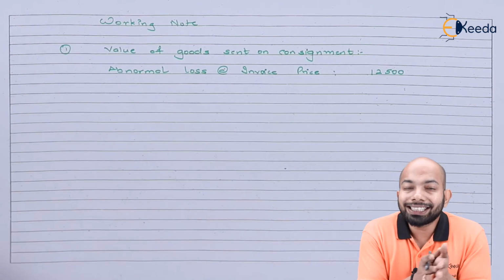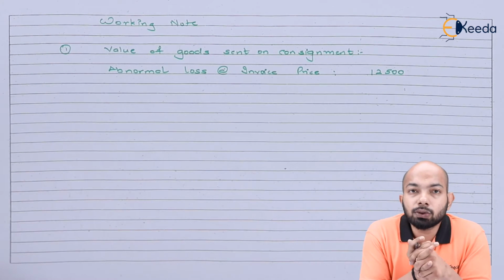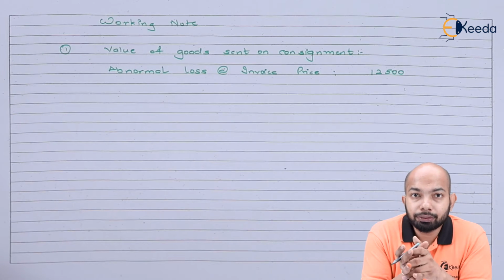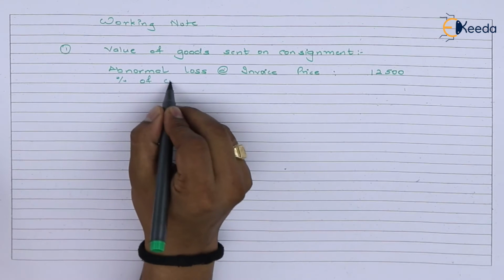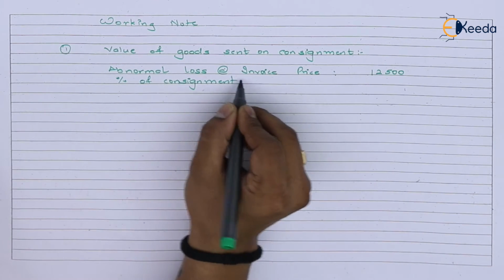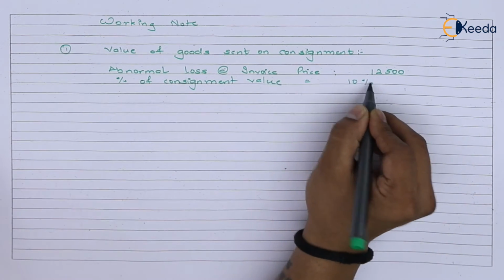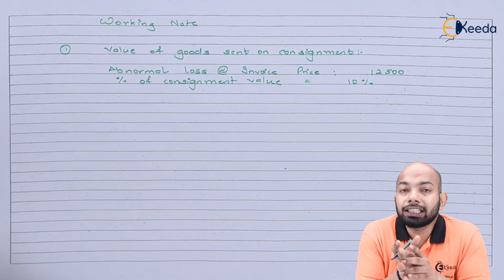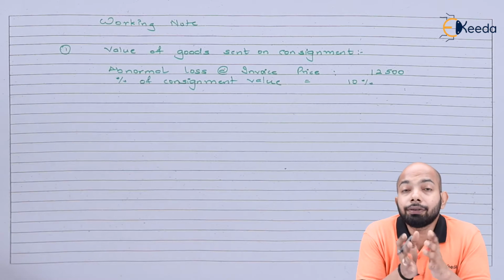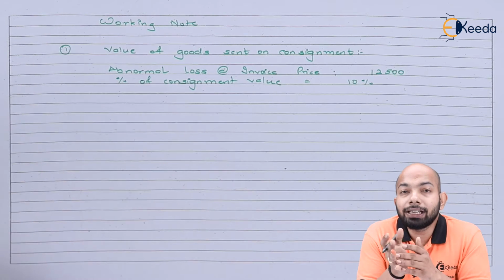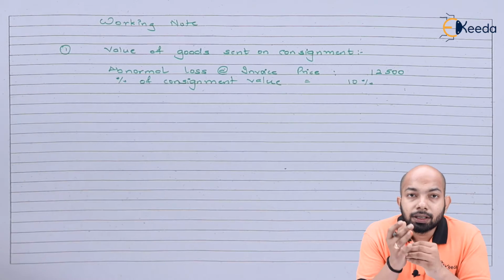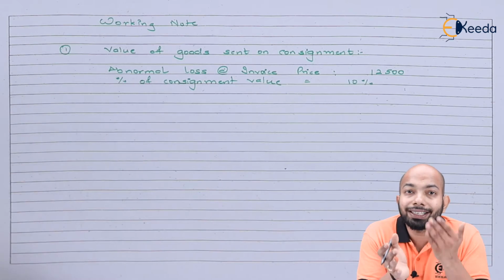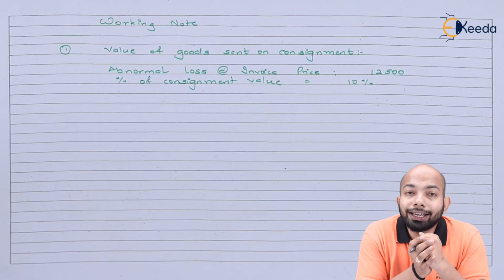Now the abnormal loss at invoice price was mentioned as 12,500, and this was 10% of the consignment value. So when 10% of the consignment value is 12,500, what is 100%, or rather the total consignment value sent at the invoice price, which is 125%?